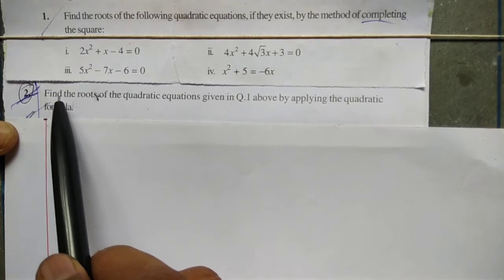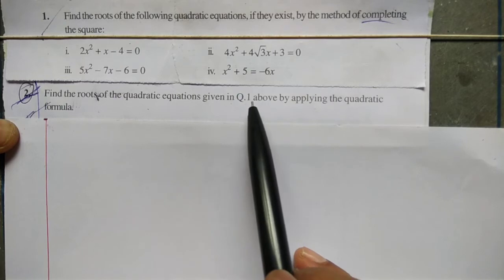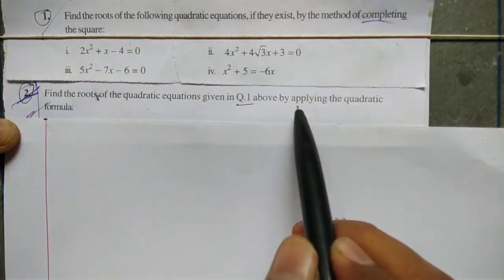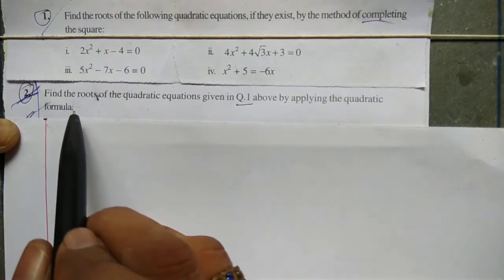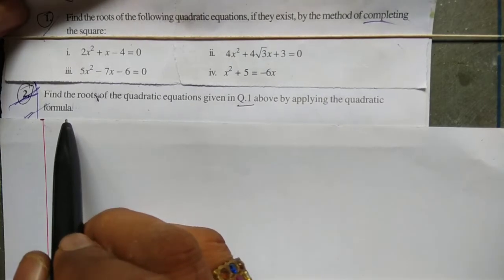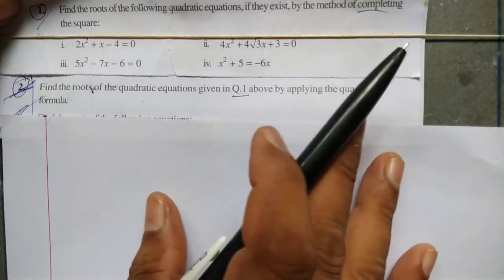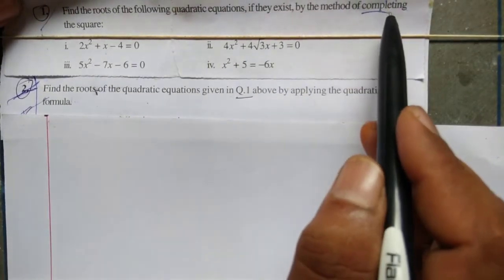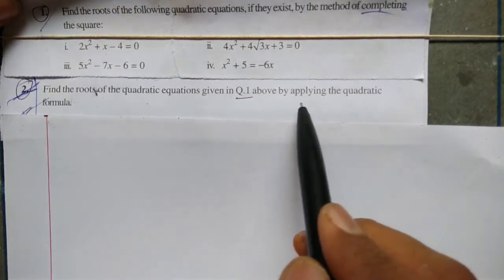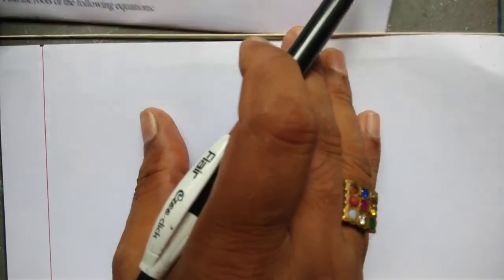Second bit, find the roots of the quadratic equations given in question 1 above by applying the quadratic formula. Using the formula we have to find these answers. Before we used the completing the square method, now we have to use the quadratic formula method to find the roots.